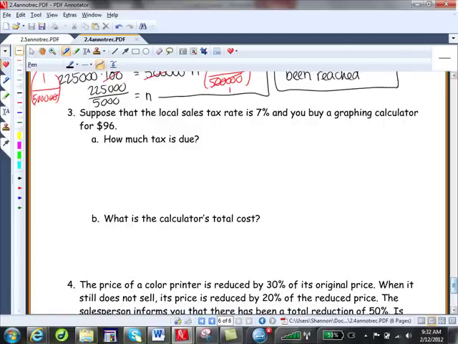So basically, what do you do when you're finding tax? Do you see that the tax is going to equal the price times the tax rate?